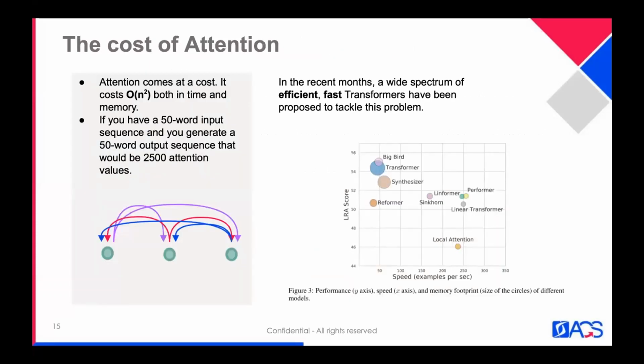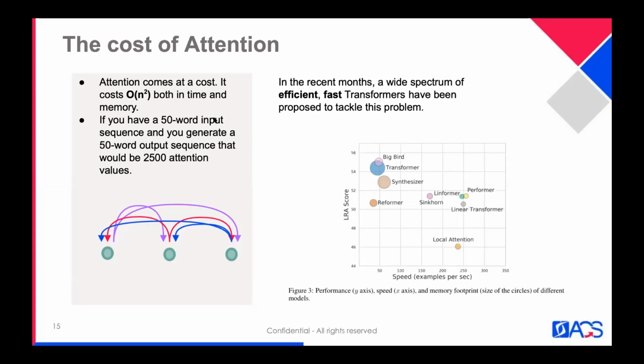So at the beginning of the talk, I said that humans actually pay attention to important information in an efficient way. This is not the case for this kind of attention that I presented today, because it goes quadratically, both in time and memory.